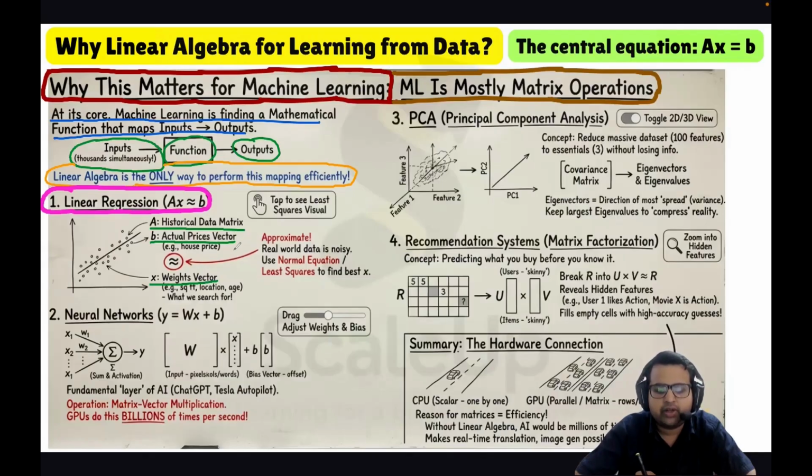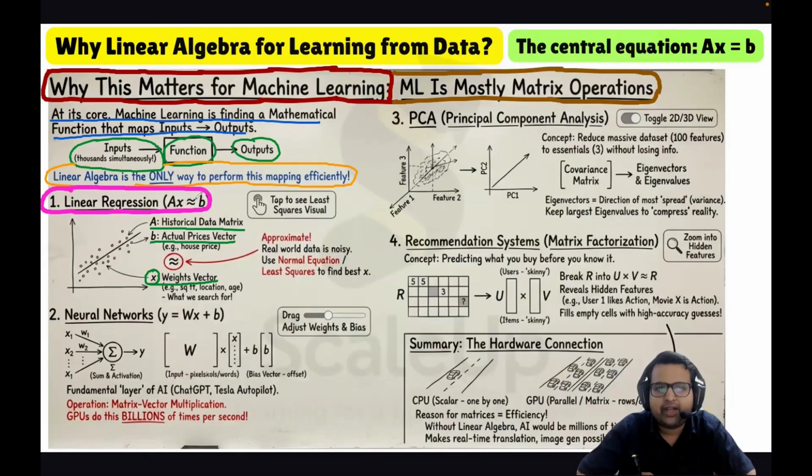In the real world, a perfect solution usually does not exist because the data is noisy. So in linear regression, we are searching for x. We are solving this equation to find the unknown x, because b we know, capital A we know, and x we are finding.